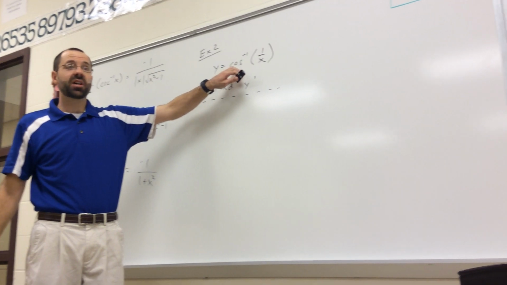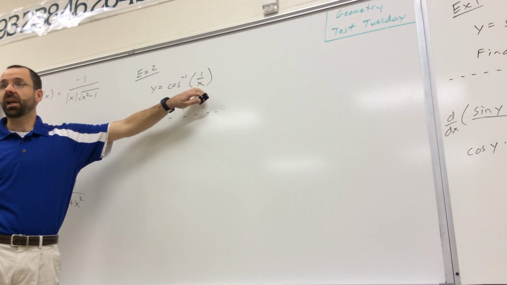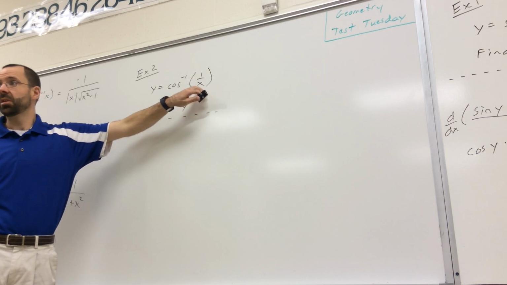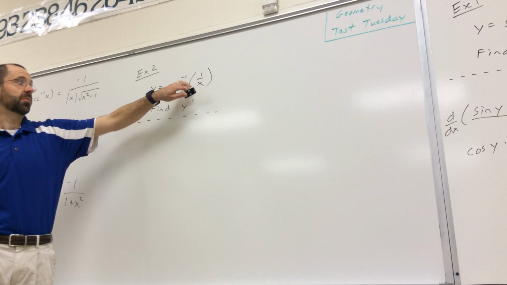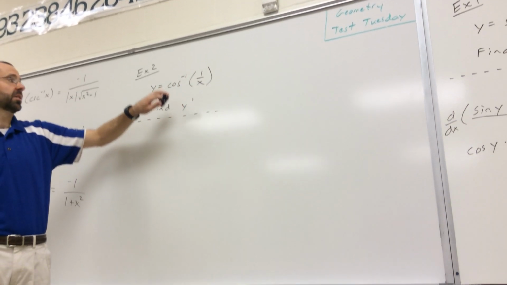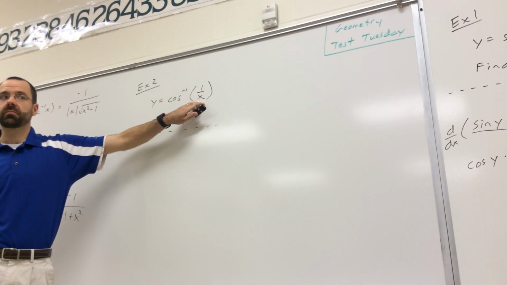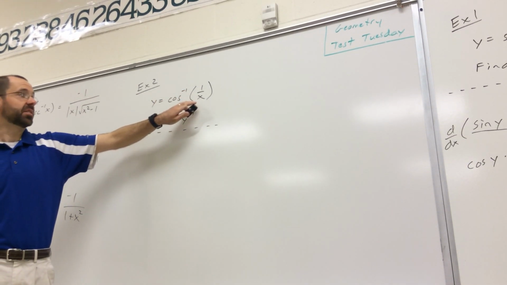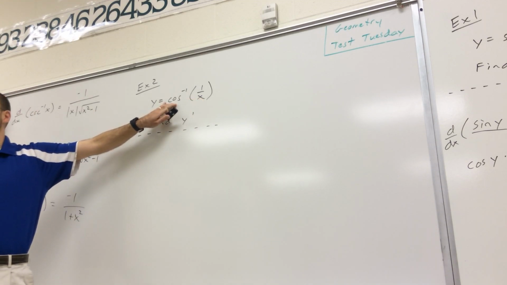Is inverse cosine being multiplied by 1 over x? Kind of looks like it, right? But remember, this is a function. So there's not a multiplication sign here, just like with sine of something. The inverse cosine is acting on the 1 over x. So that means that this is 1 over x sitting inside of cosine. So it's a chain rule.